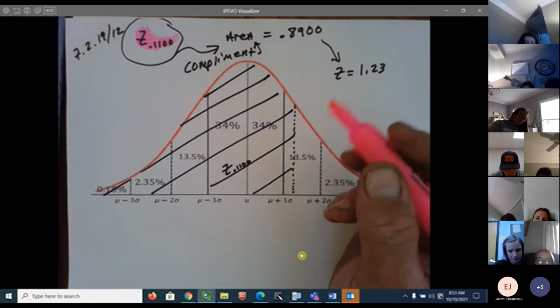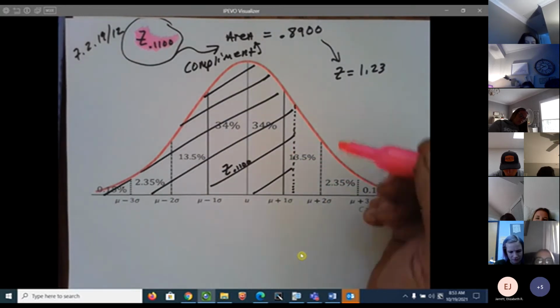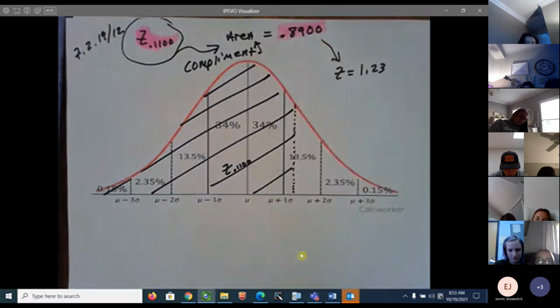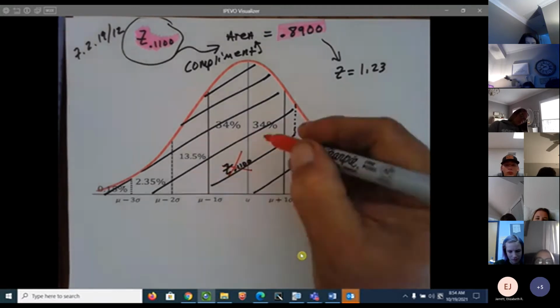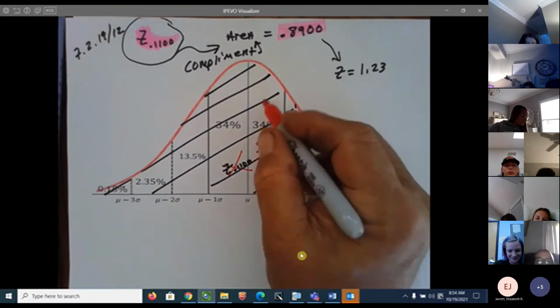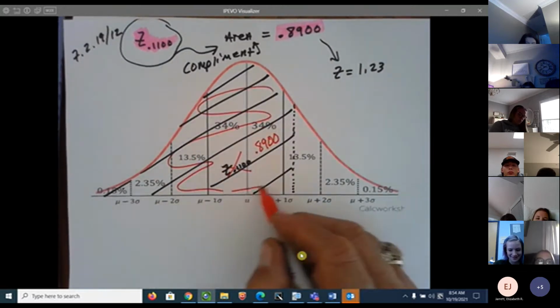So it must be some of that new Tide Pod stuff. Okay, this is what they're really wanting. They're wanting the complement of 0.1100. So you can mark through this and put 0.8900. That's what all this is.